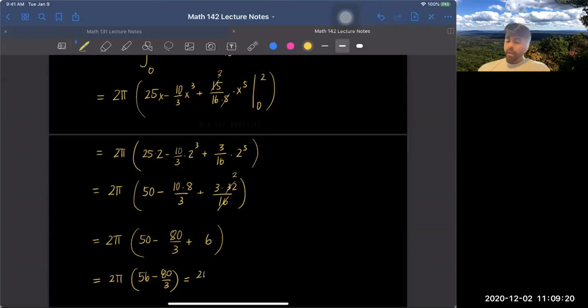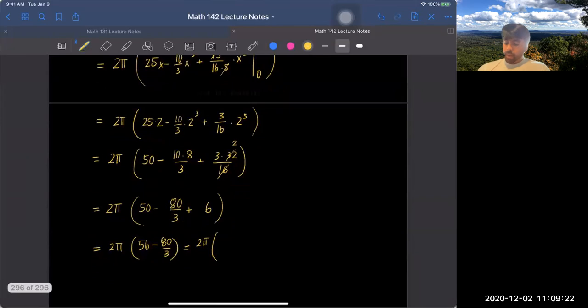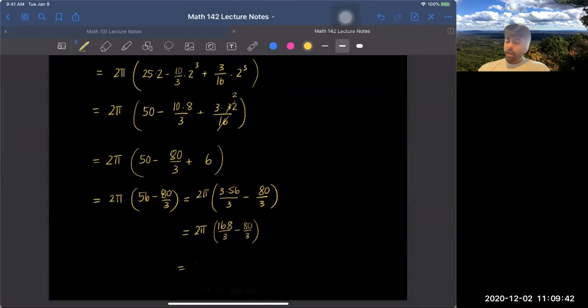You can write this as 2 pi multiplied by, so you have to multiply this by 3, 3 times 56 over 3 minus 80 over 3. And then what would you get? You get 168 over 3 minus 80 over 3. And you get 2 pi multiplied by 88 over 3. So this would be 176 pi over 3.